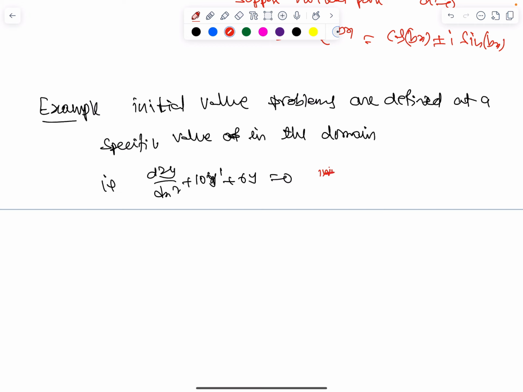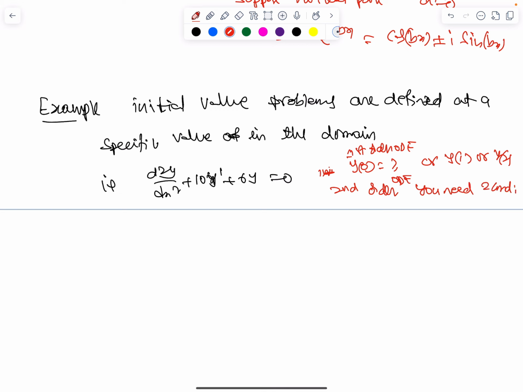For a first order ODE, you need only one condition, that is y0 is what, or y1 is what, or y2, etc. For a second order ODE, you need two conditions: y0 is what and y prime of 0 is what, or y of 1 is what, y prime of 1 is what.